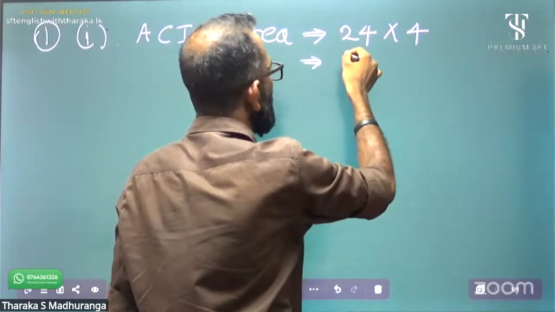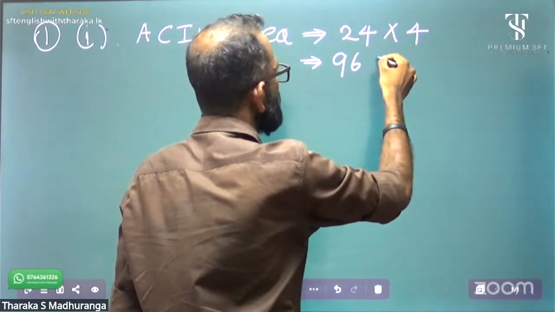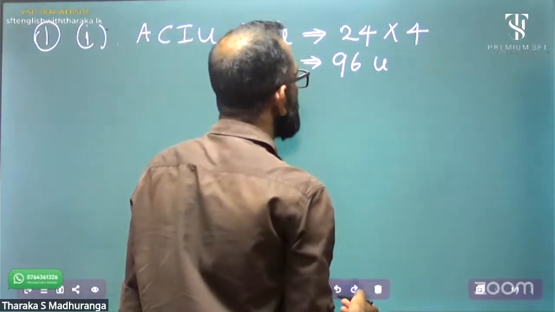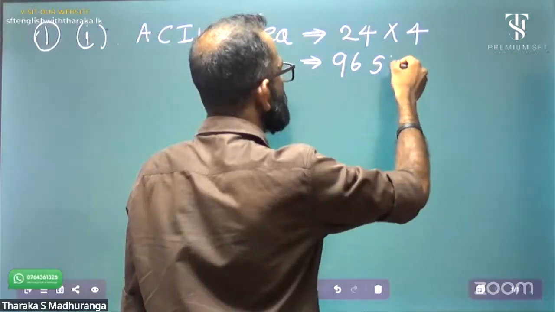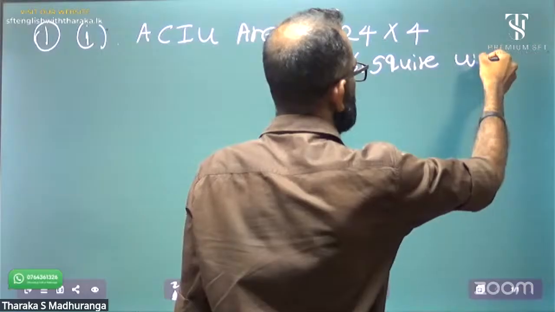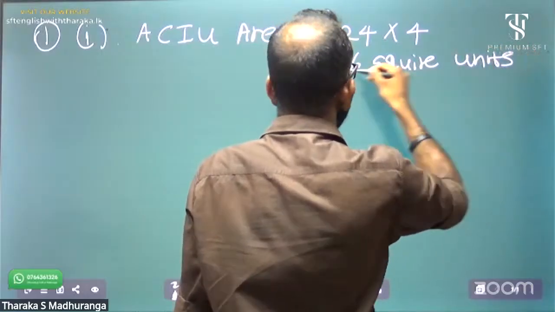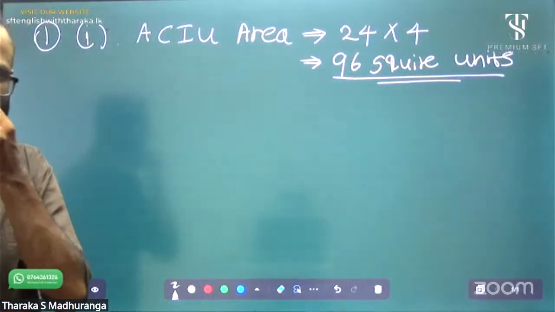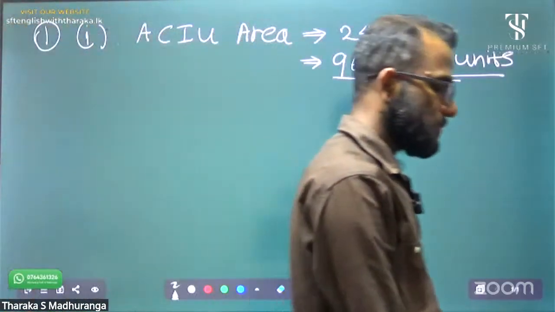It is 96 units. Units or square units? Square units. Okay, this is the answer for the first one.